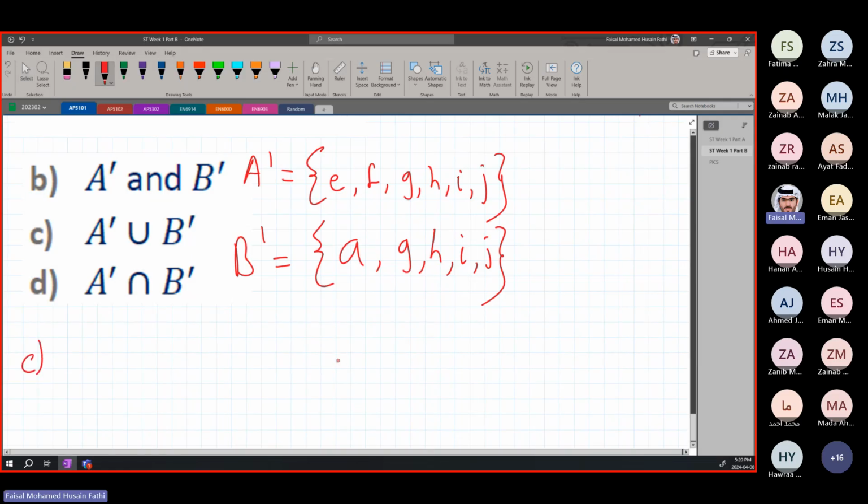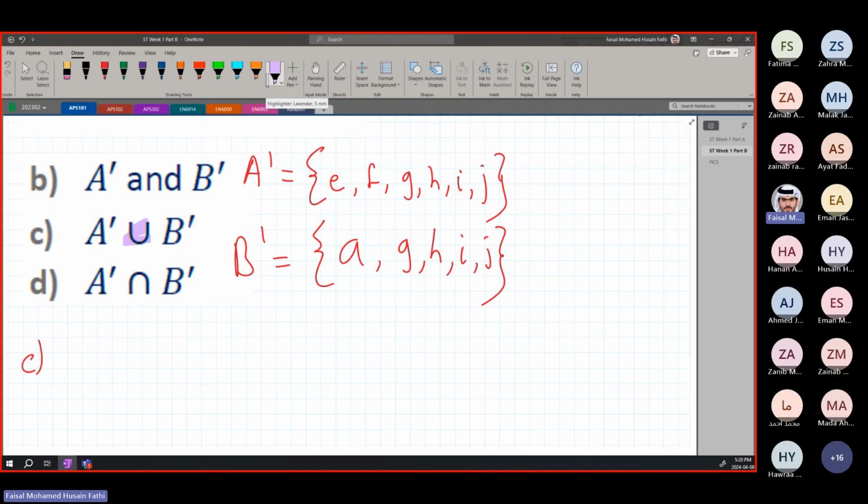For part C, they want A naught union B naught. Now you will apply the exact same concepts that we applied before. These are new sets, same thing. This is union. Union means we're going to write them all without repeating anything. So A prime union B prime is simply going to be equal to A. Let's write, actually not in order, everything from A prime.